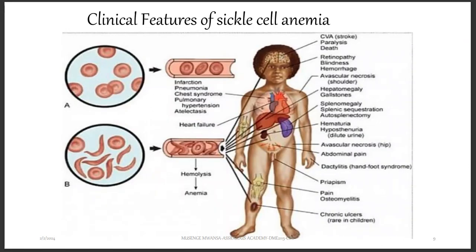What are some clinical features of sickle cell anemia? You can see infarction, acute chest syndrome, hypertension, heart failure. So it is really a bad condition. You can also see hemolysis. The red blood cells can easily rupture, and that leads to anemia, where you don't have enough red blood cells in the body because they are rupturing.